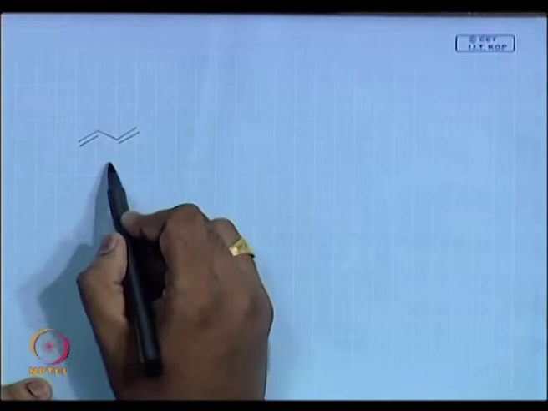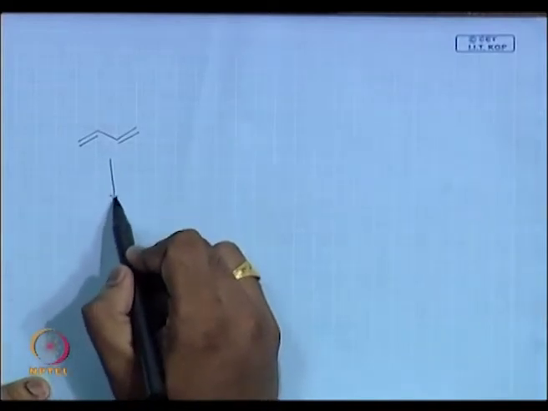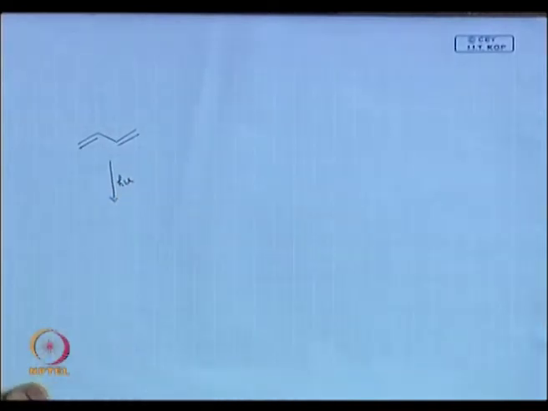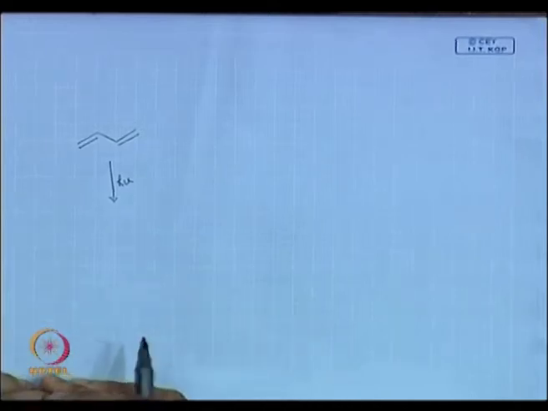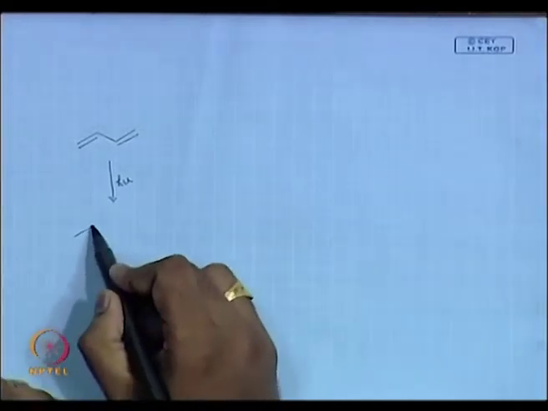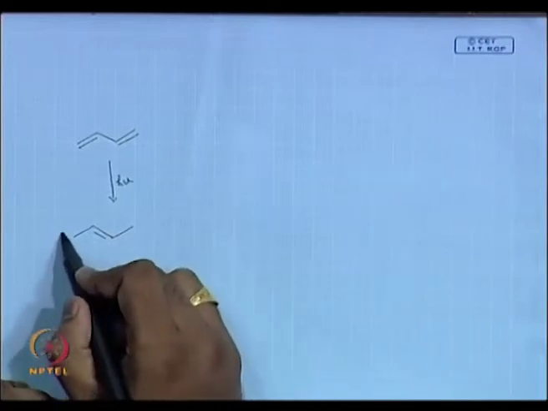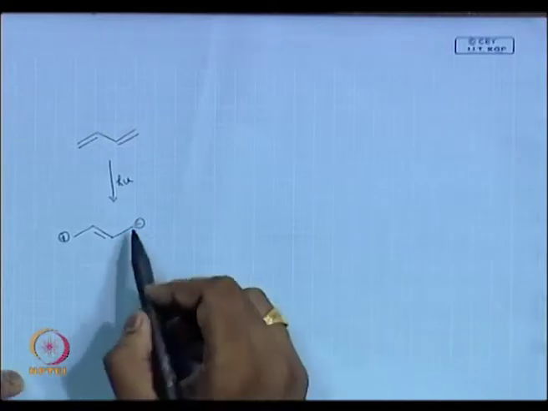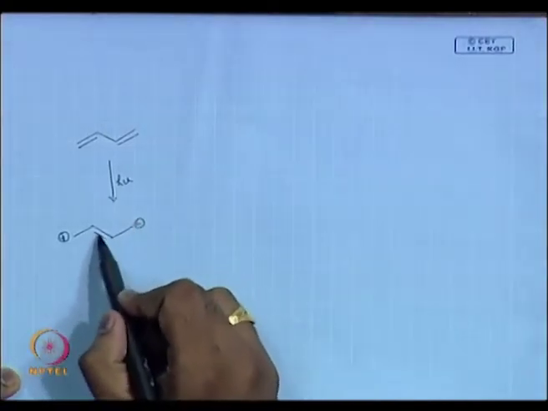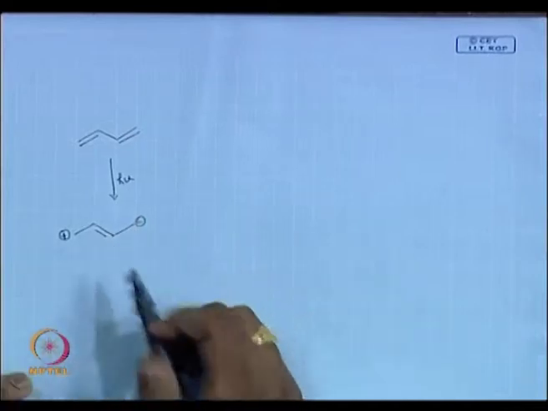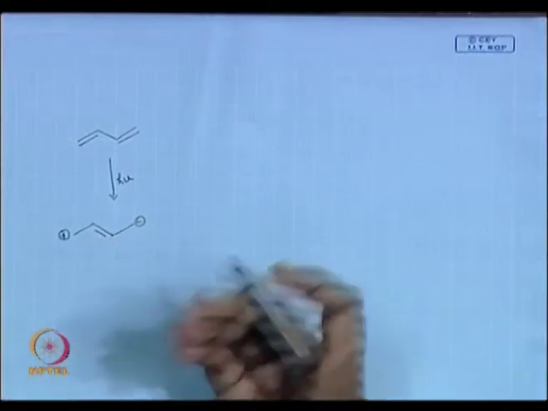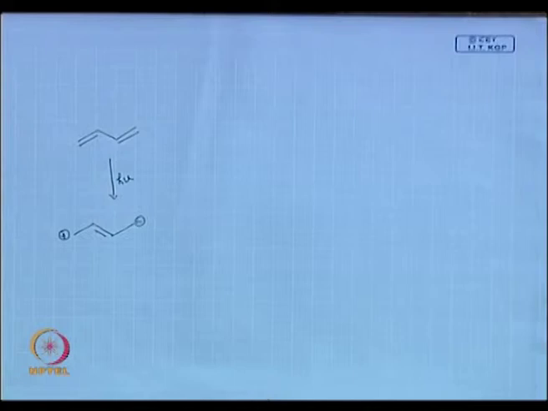So, if I photolyze this directly, what happens? You get a type of zwitterionic species because it is a direct excitation. This negative charge is overall within the double bond, so it is not on one carbon, but just to understand it, it is like this.